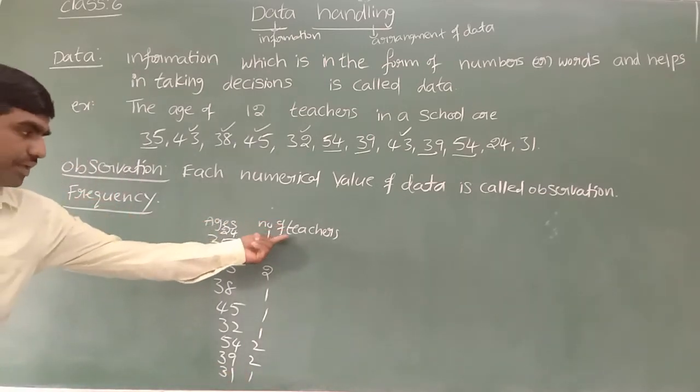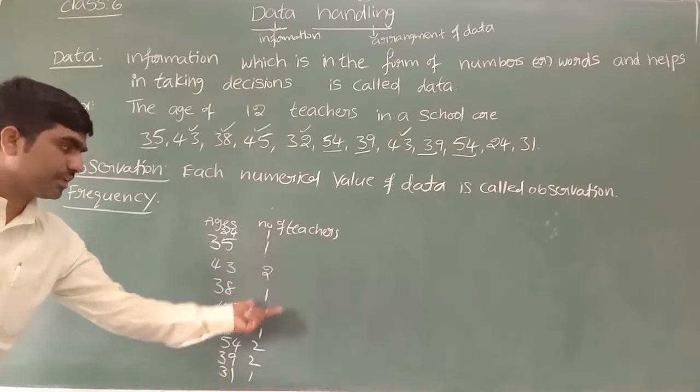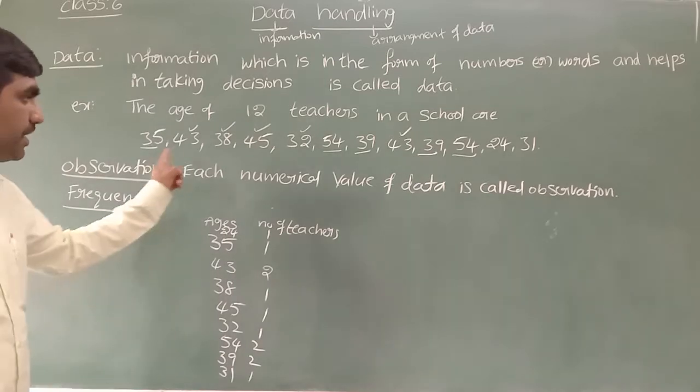These are called frequencies. Frequency tells how many times that observation is repeated.